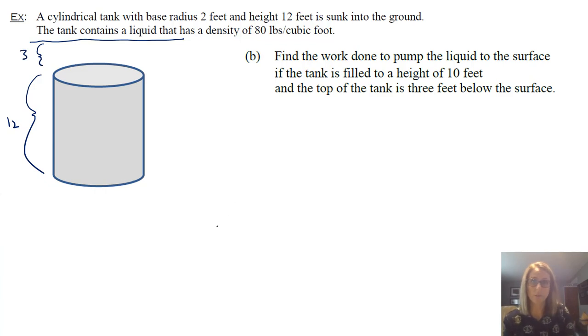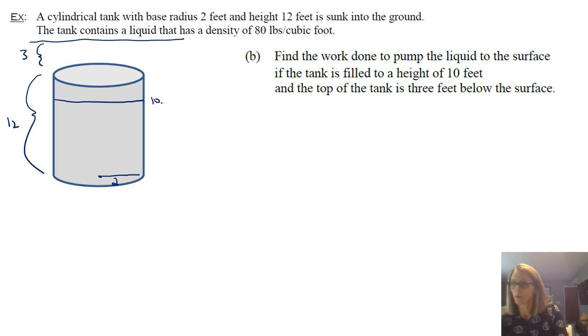This is the same tank, so it still has the radius of 2. We want the liquid to go all the way from the bottom to the surface, but it's only filled to a height. So right now the tank is only filled to here. It's not filled to the brim, it's not filled to 12, it's only filled to 10. So that's just something we have to consider as well.